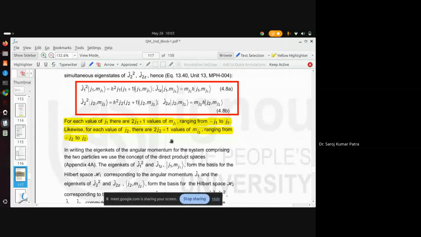That's what I asked. Actually, if you go to unit 13, MPH-004, which is quantum 1, you'll see that.